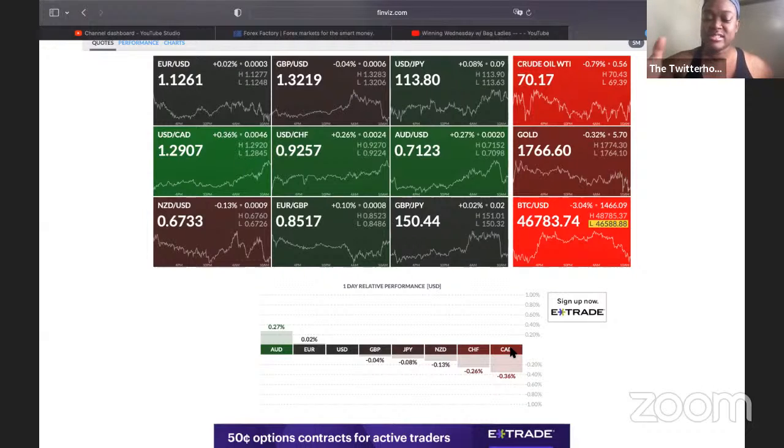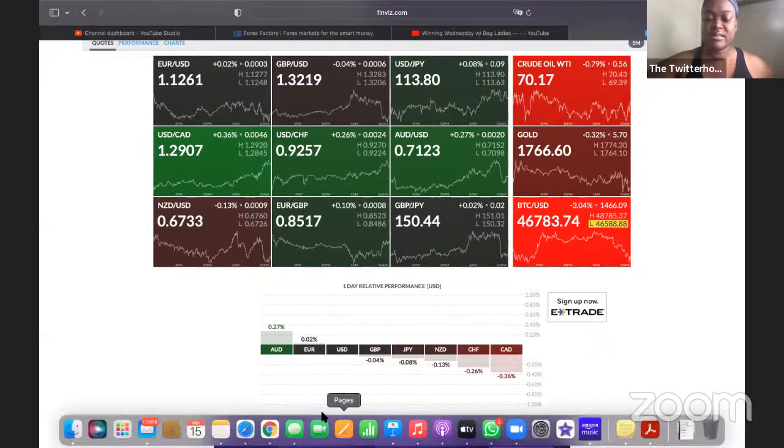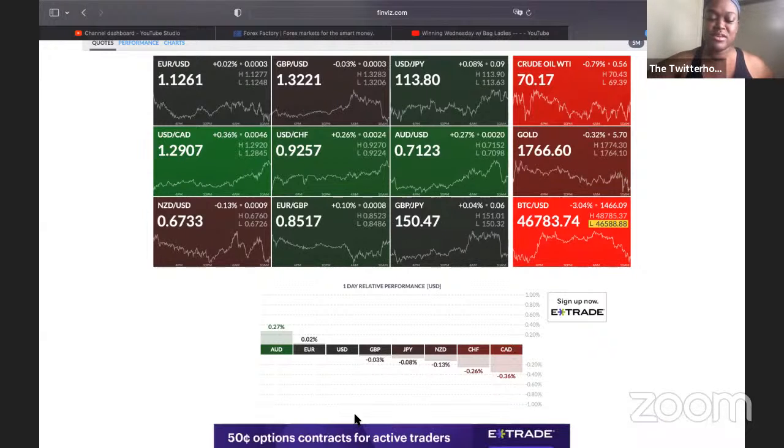This is a buy or a sell? Somebody come off mute, tell me, or you can type it in the chat. If the base or the first currency is stronger than the second, are we buying the market or selling the market? Is this bullish or bearish?